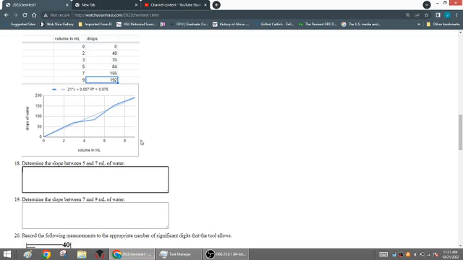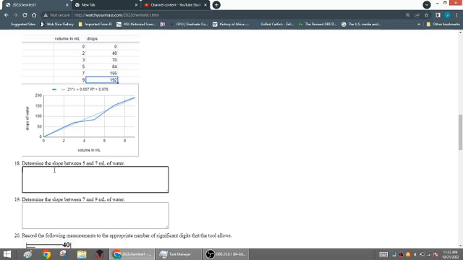Alright kids, now we're going to go through part B of the test, or at least some parts of it. Here we had some data, and you need to figure out the slope between 5 and 7 milliliters of water based off of either this chart or this table and this line graph.